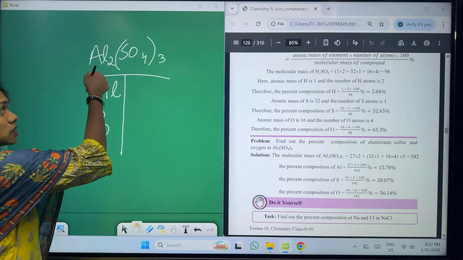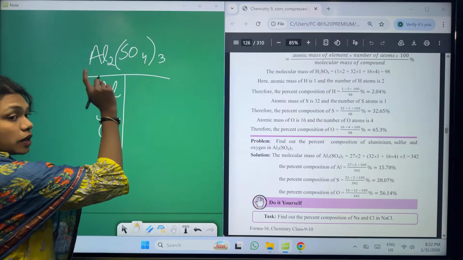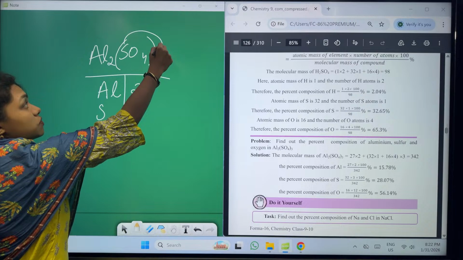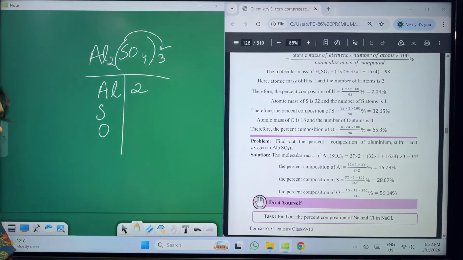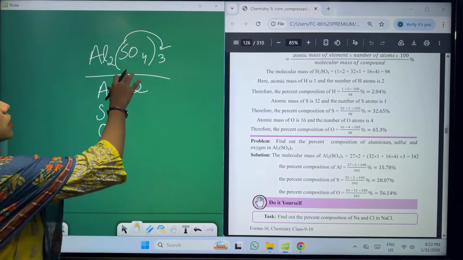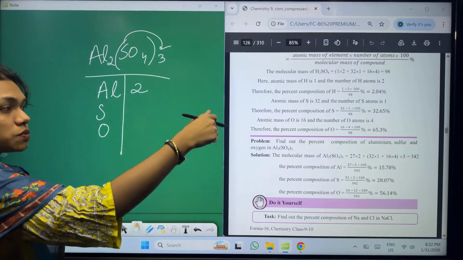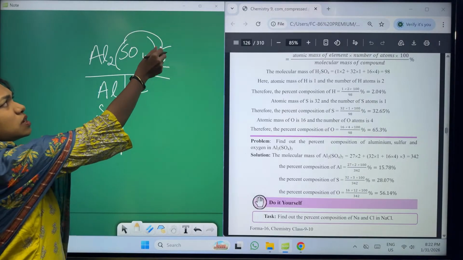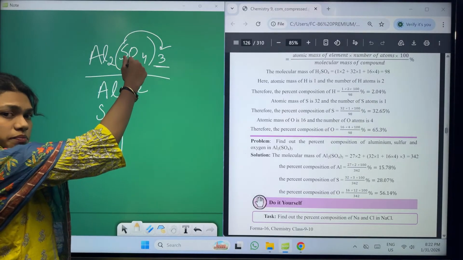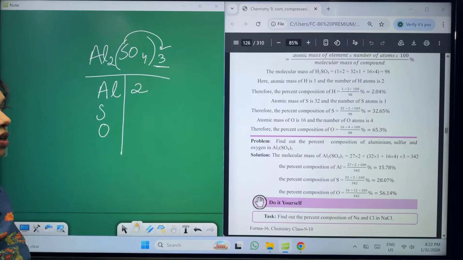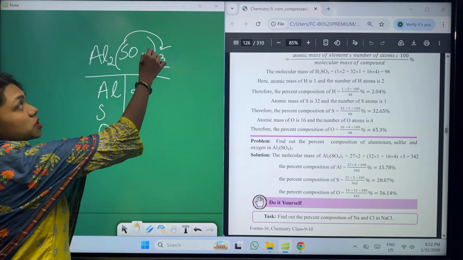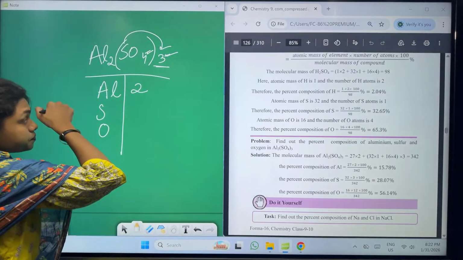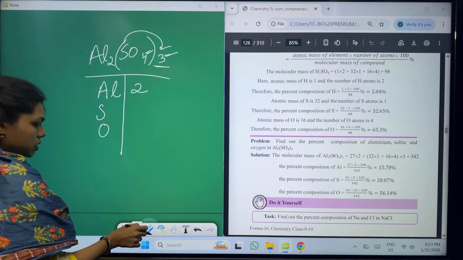What is the number of aluminum atoms? 2 aluminum atoms. How many atoms of sulfur are there? 3. Whenever we calculate the number of atoms for S, we will use 3. Why? Because this 3 is distributed over sulfur as well as oxygen. And for oxygen, this 4 must be multiplied with 3. 3 4s are 12. That will be 12. Let me do this for you.